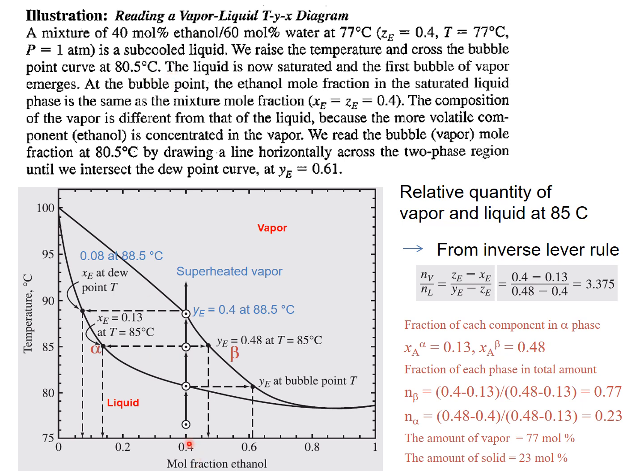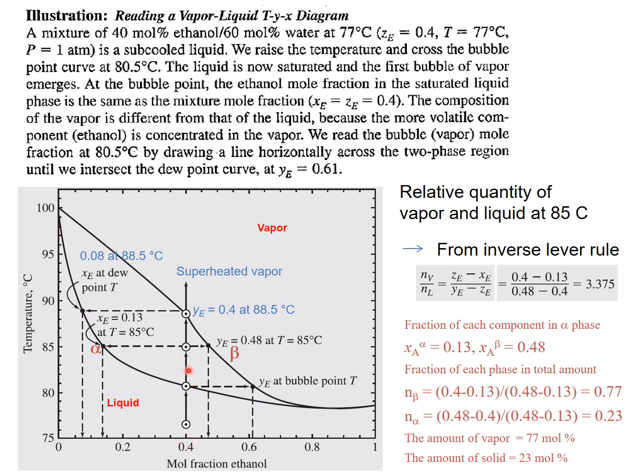Finally, we could meet the bubble point curve. So at this bubble point, the ethanol mole fraction in the saturated liquid phase is the same as the mixture mole fraction, that is to say 0.4.